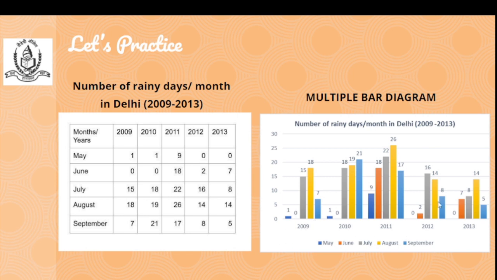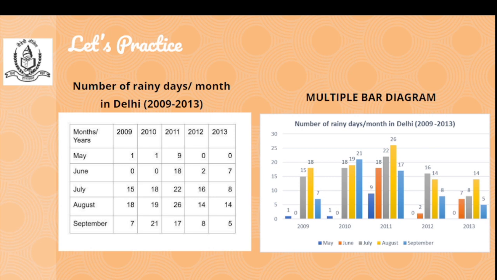So you have five different variables, and then these 5 months become different components of each variable. You can see that in 2009 we have represented these 5 months, starting from May to September, with the help of these vertical bars. On top of that you can see the frequencies written, which are the days on which rain was observed in that particular month.